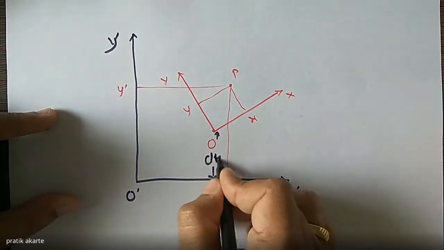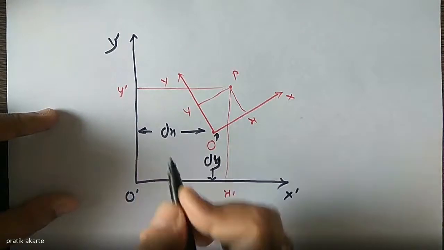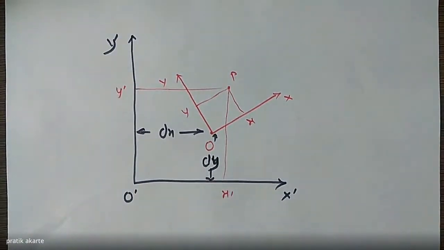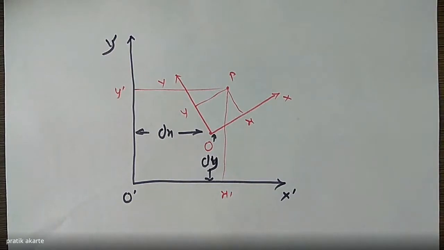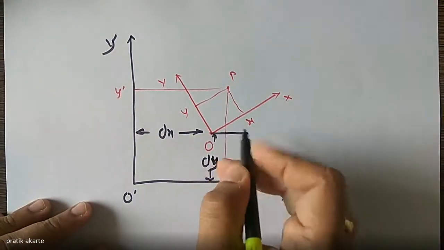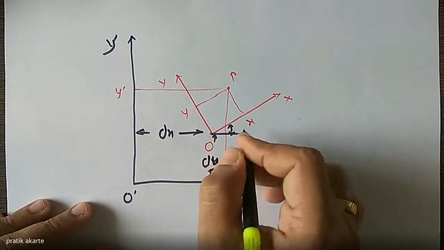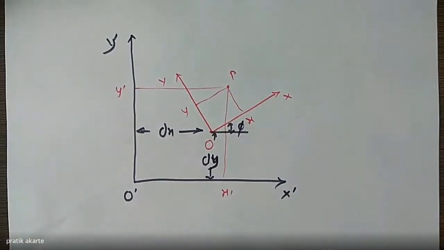Sorry, this is dy, and this is dx. Okay, so the distances between O and O dash are dx and dy respectively along the x and y direction. And if you see, there is an angle of phi.